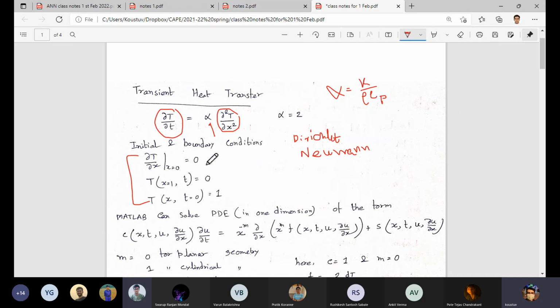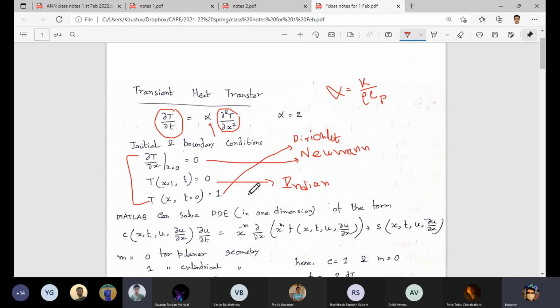So this is the Neumann type, and these are Dirichlet type, and this is the initial condition. So there are now three conditions. Because of this unsteady term where time is our independent variable, temperature will gradually change as the time progresses. So initial time must be given. So what is the temperature at initial time?